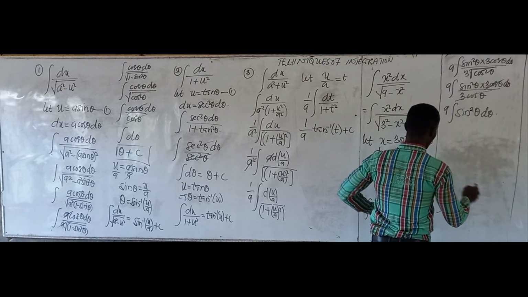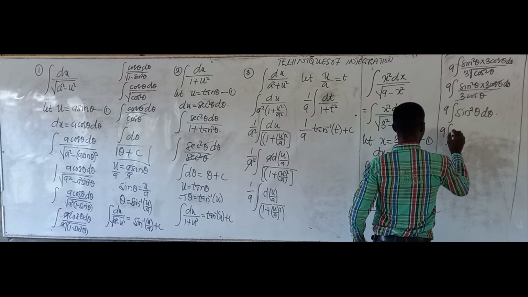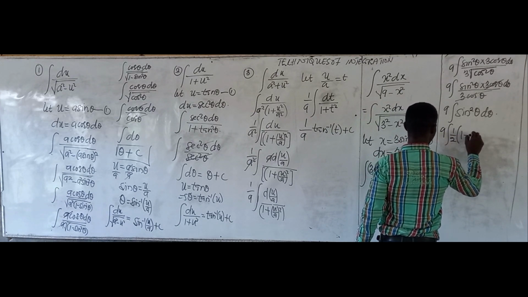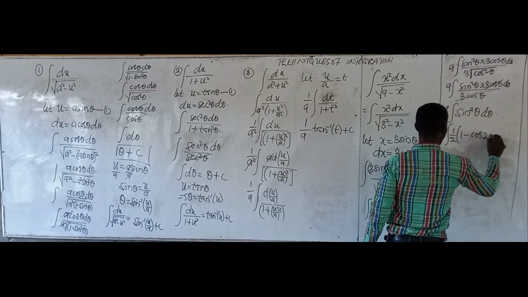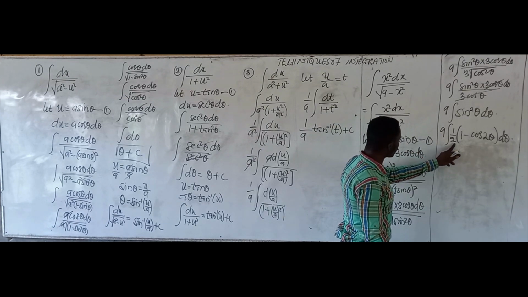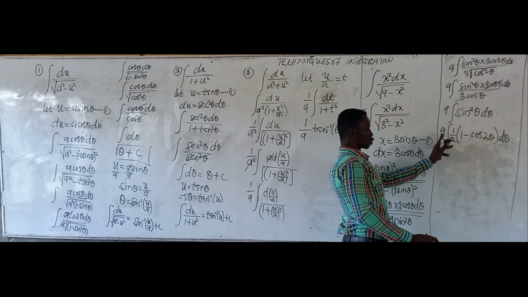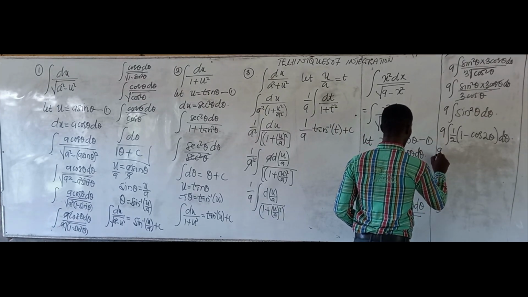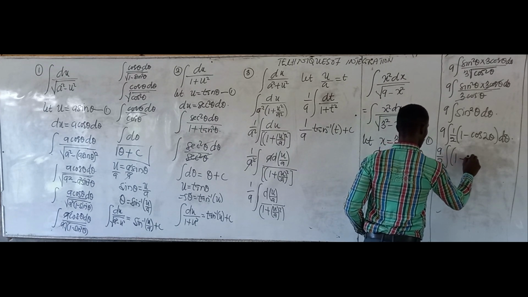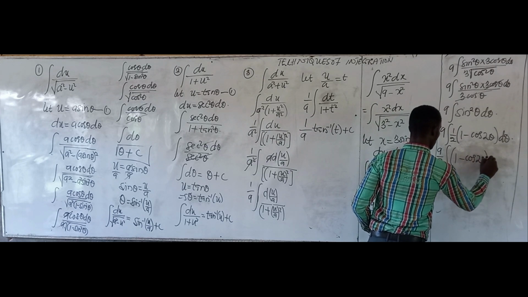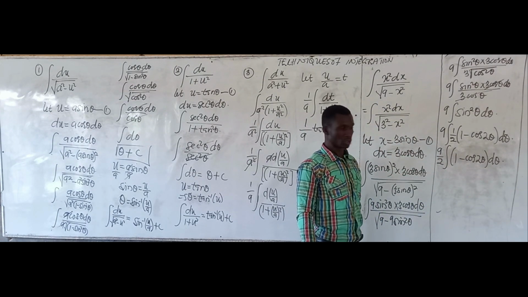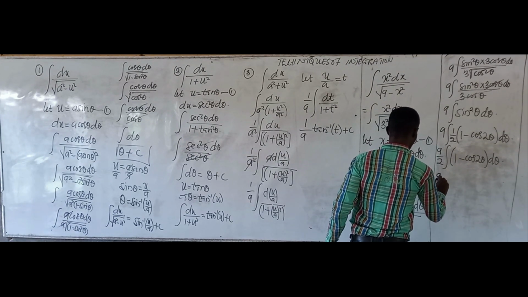So this one will give me the integral of 9 times 1 over 2 times 1 minus cos 2 theta d theta. I factorize the half out to get 9 over 2 integral of 1 minus cos 2 theta d theta. Now I'm going to integrate the inside.